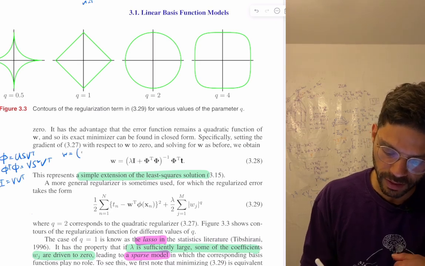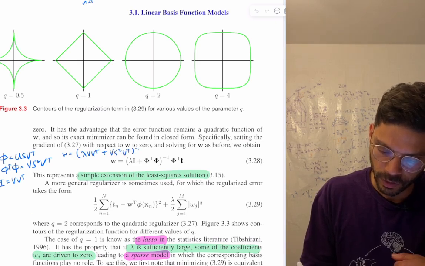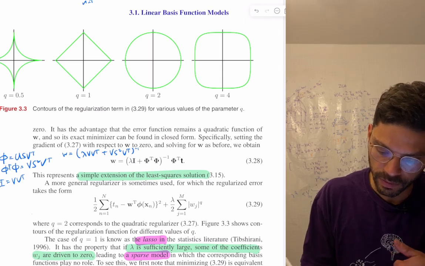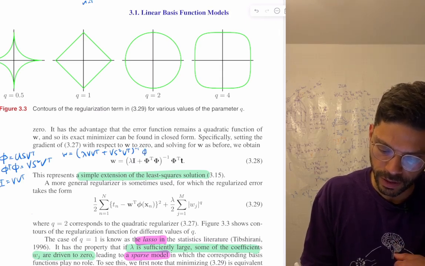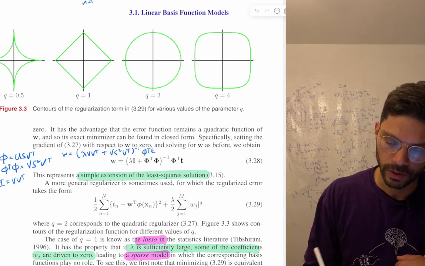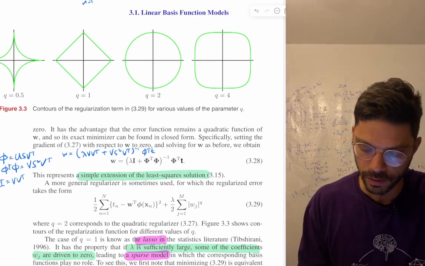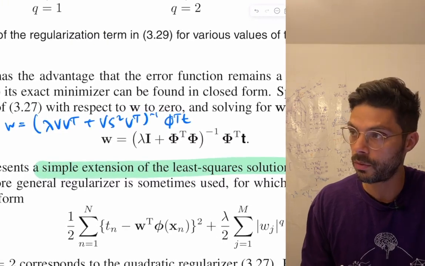So we can write this as V transpose plus lambda I, to the minus 1, times phi t. I don't think I need to expand that last one yet, so let's not do that just yet. And I'll zoom in a bit so we have a bit more room.